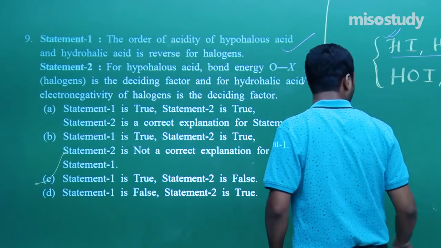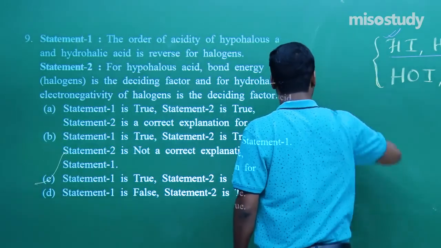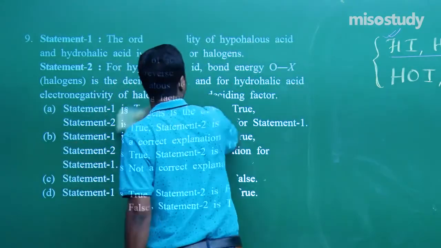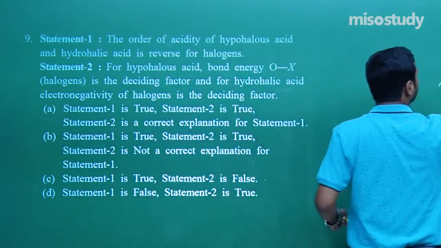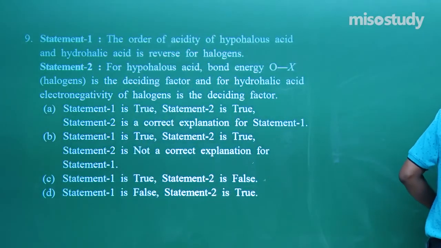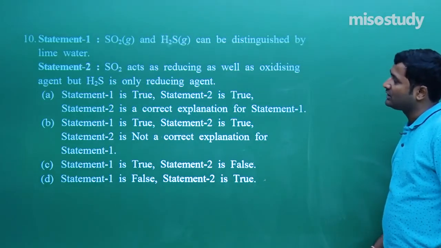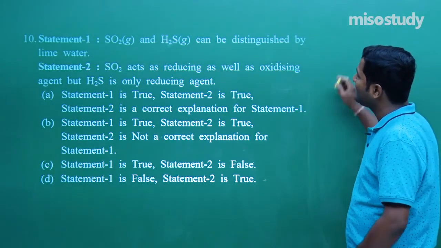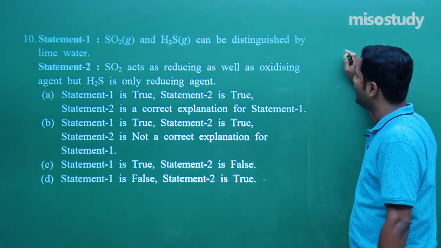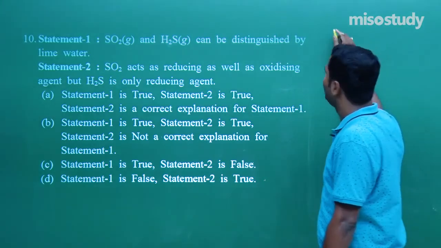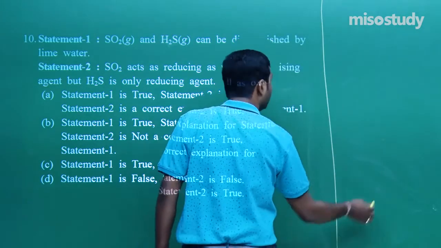Clear? Now friend, I'm going to rub this part and we'll discuss the next question. Wait for a moment. Let's move to the next question, question number 10. Statement 1: SO2 and H2S can be distinguished by lime water. Check it out.